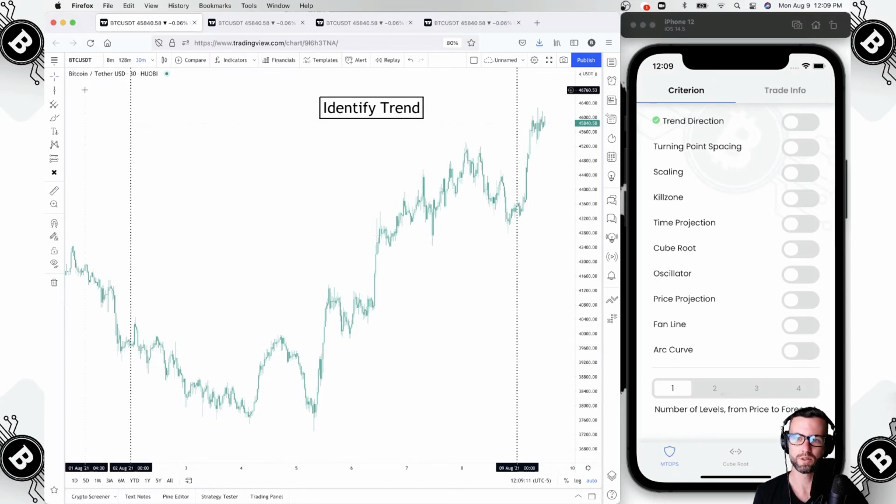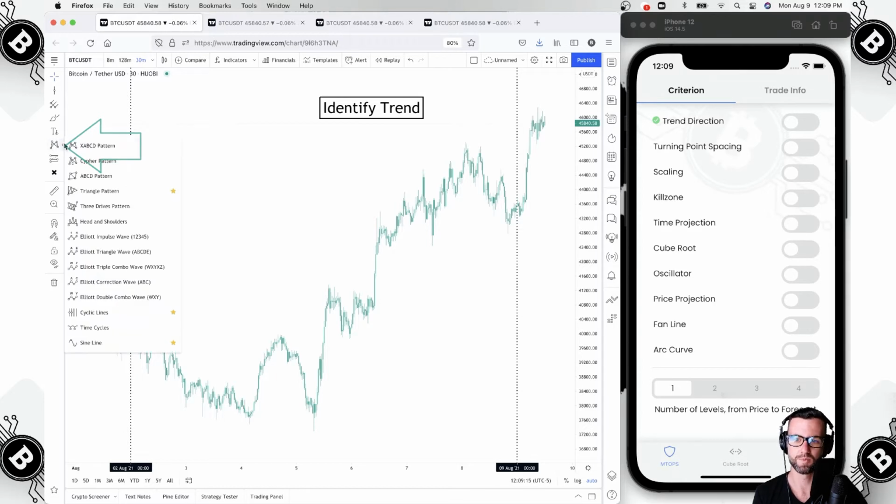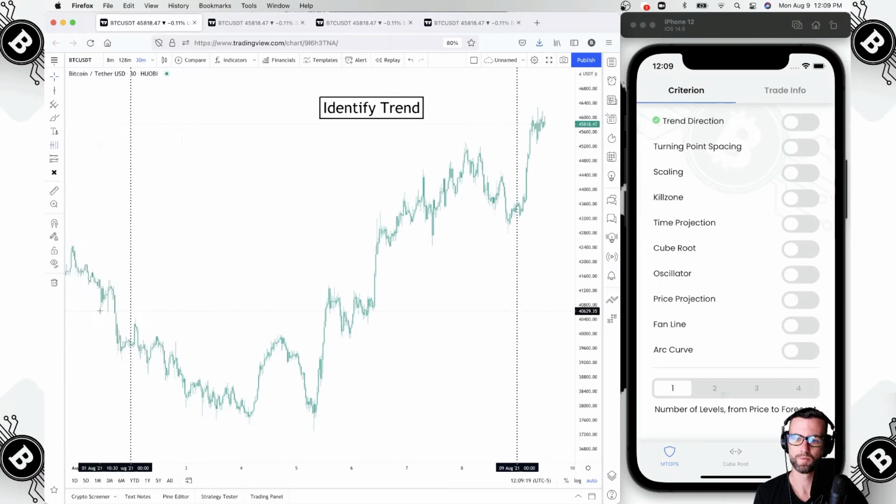So what I want you to do is go back to the left-hand side, go down to where my mouse is, go down to cyclic lines, give that a click, and then click at the beginning of your cycle. Okay, so you go boom. Now it's laid.